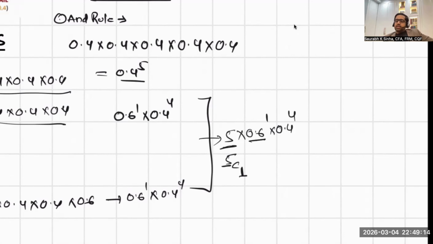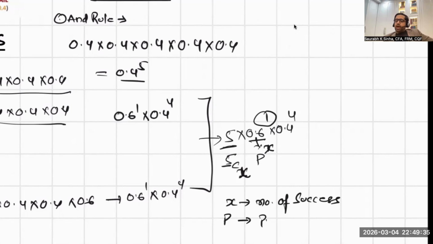What is this? This is the probability of what? Head, or probability of success? You are interested in only one success, so I'm writing it as X. Instead of 1, I'm changing the notation and saying X stands for the number of successes. Okay? And P stands for the probability of success.